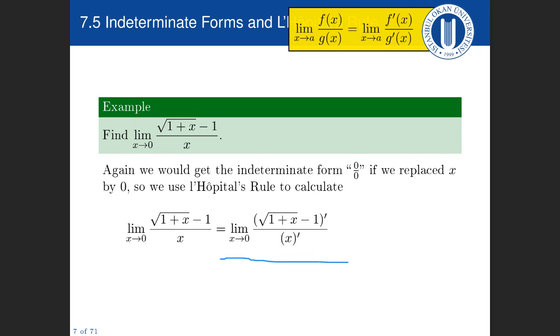If we put 0 into the function we started with, we get square root of 1 plus 0 minus 1 divided by 0. So on the top we have 1 minus 1, which is 0, and on the bottom we have 0. We do get 0 divided by 0 if we just replace x by 0.